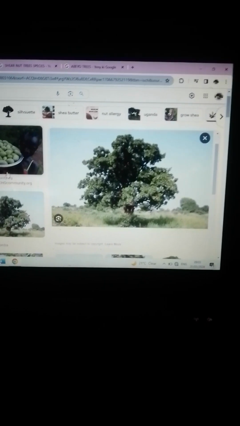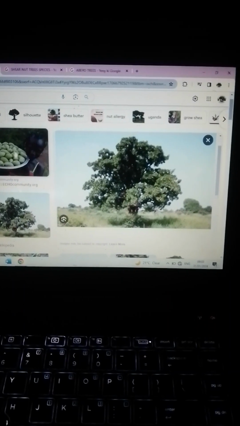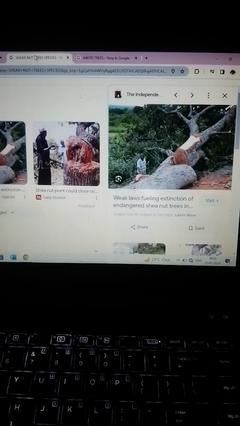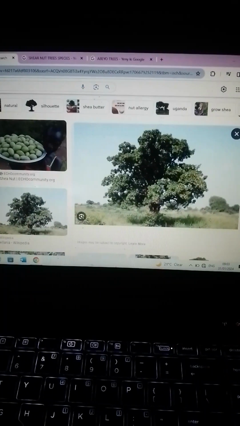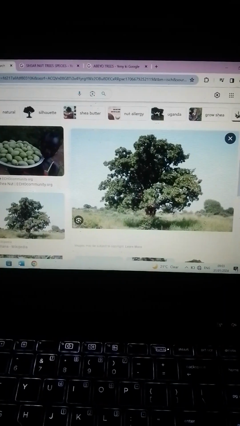That belt also has a very unique hardwood, which has now faced extinction in northern Uganda. In Acholi we call it Bayo, and scientifically they call it Afzelia africana.